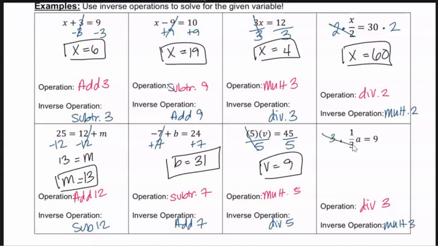If I do that, my 3's cancel out. Now technically, you're left with a 1a, and then 9 times 3 is 27. But we know that 1a is the exact same thing as writing a by itself. It's called an implied one. So we've solved it at this point. A equals 27.